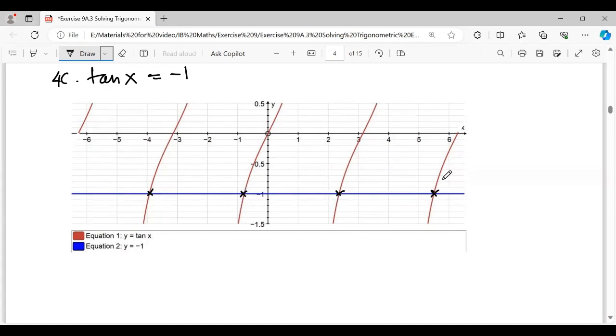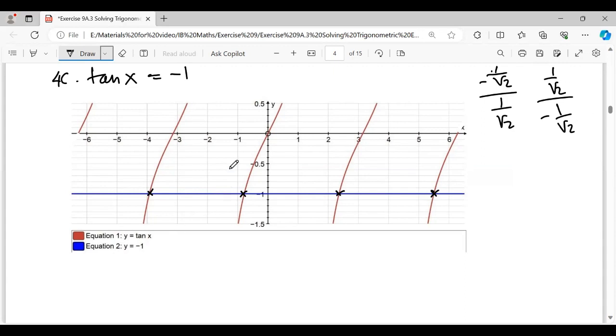Tangent x equals -1, there are two possibilities, negative 1 over square root 2 over 1 over square root 2, or 1 over square root 2 over negative 1 over square root 2.